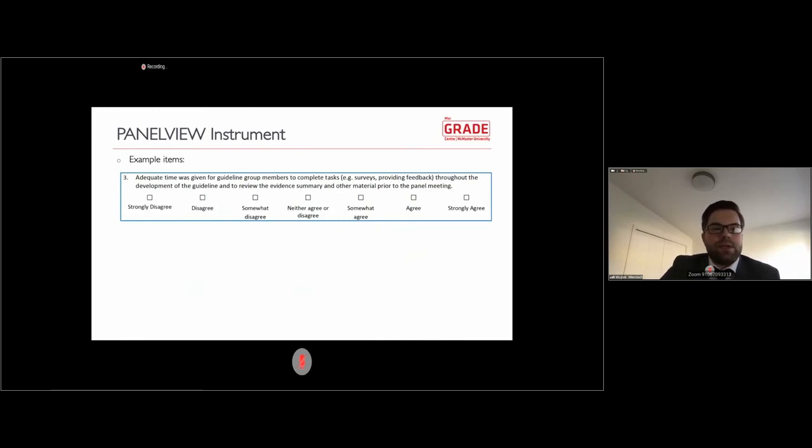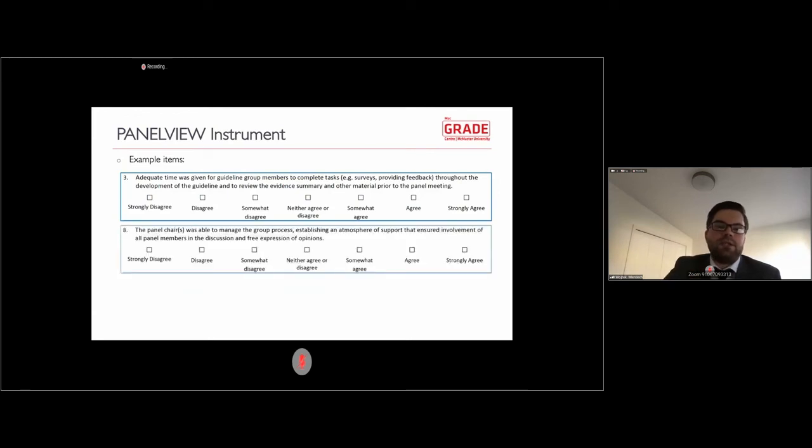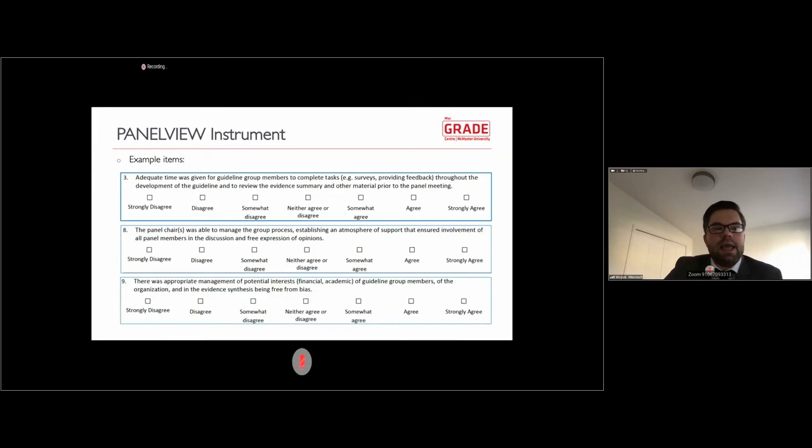Here, in terms of administrative items, there's an evaluation of adequate time being given for guideline group members to complete their tasks, so to complete surveys or provide feedback. The panel chairs being able to manage the group process, again, an aspect I just mentioned in terms of rationale for this tool, to establish an atmosphere that ensured involvement of all panel members in the discussion and free expression of opinions, and appropriate management of potential interest of guideline group members, and in the evidence synthesis being free from bias.